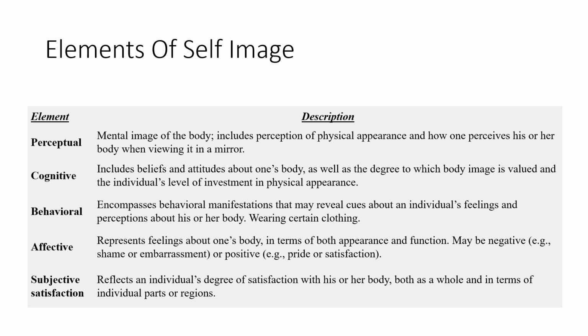How we feel about our body. Like, okay, I look pretty good, okay? Or I look huge, or I look too small, or I look too this or that. Includes beliefs and attitudes about one's body, as well as, that's our cognitive, as well as to a degree in which the body image is valued, and the individual's level of investment in physical appearance.